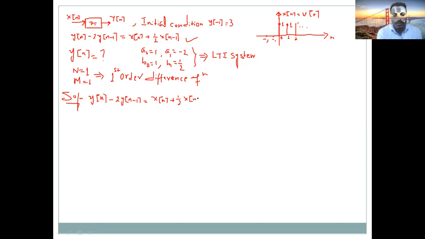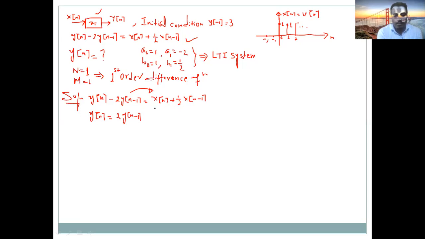This is the given difference equation of the system. Now take this on the other side because we are calculating y of n, the output at present time. If you take this on the other side, it will be plus 2 y of n minus 1.